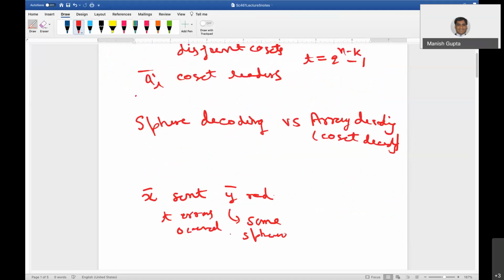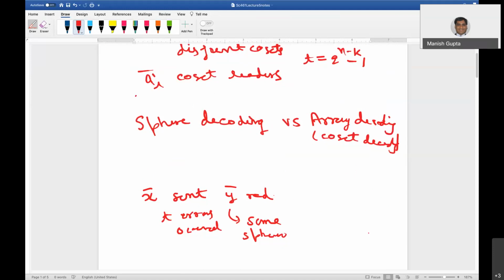We know that if X is sent, Y is received, T or fewer errors occurred. So then Y cannot escape the sphere, it will fall into one of the spheres. Whichever sphere it is a part of, I will take the center of the sphere as the decoded codeword. I will say that this was the actual X which was sent. The center will be the actual X which was sent.